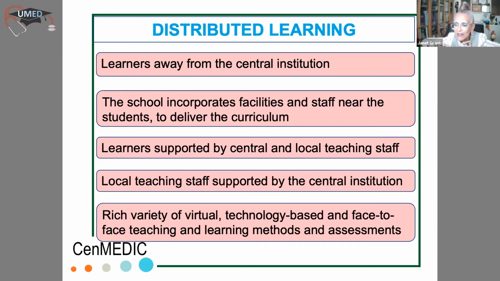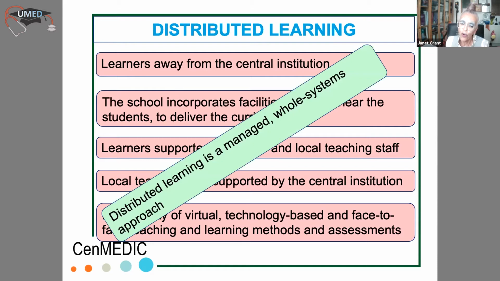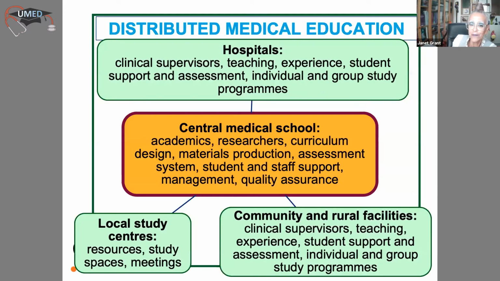So you distribute the face-to-face function as well out to wherever the students are, but you do that anyway. And the learning methods, the assessments and so on all become distributed. And that's just a different way of thinking about and managing and designing what you do already. So distributed learning has to be a managed whole systems approach, and seeing the school and all of its locations as part of that whole system.